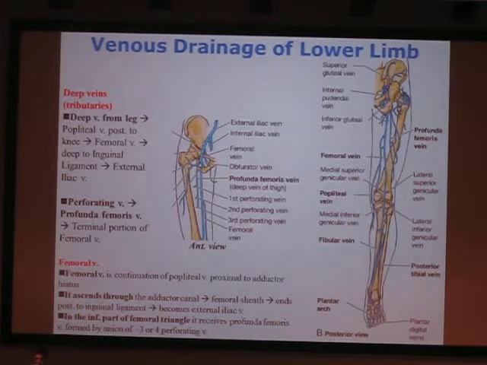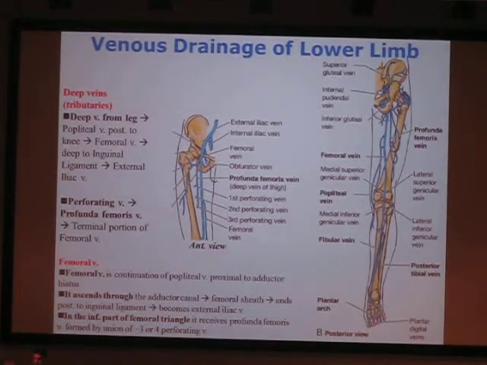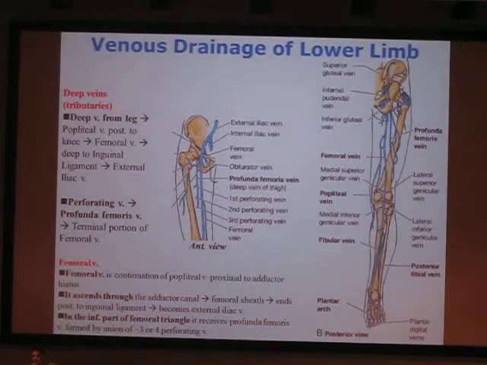So just see the profunda femoris as an outbranching that feeds into the femoral vein and stays more or less up around the upper two-thirds of the thigh and deals with that area. And also remember that deep veins are intimately associated with arteries, so by knowing femoral vein, profunda femoris vein, you already know a little bit about the location of the corresponding arteries, so the femoral artery and the profunda femoris artery.